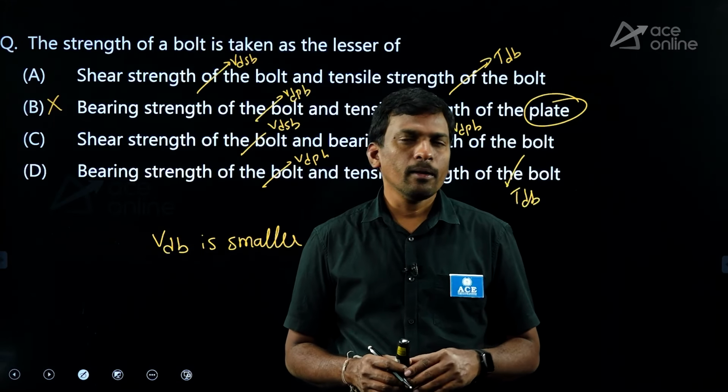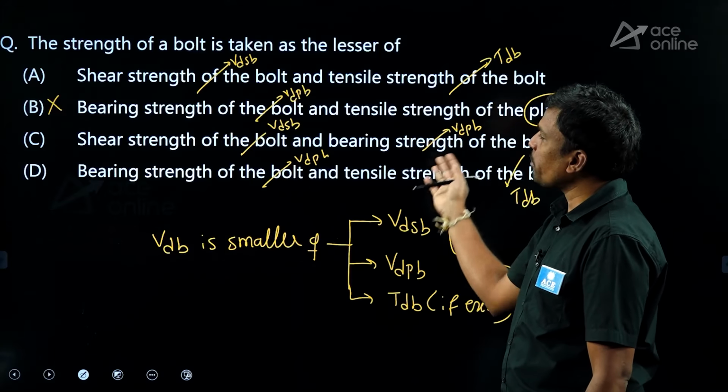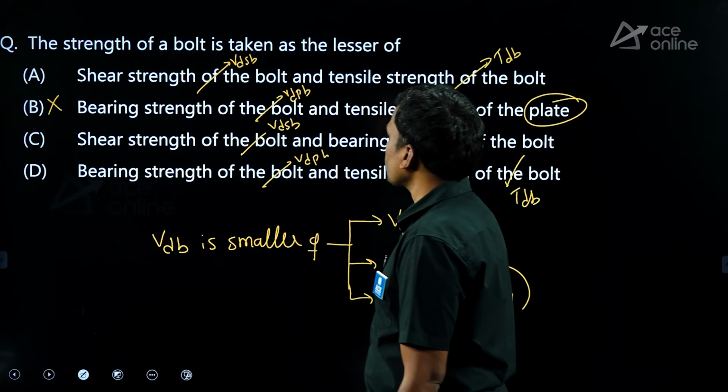But students, here there is no combination of these three, right? But remember, without bearing, will shear exist? Without bearing, shear won't exist. It means shear and bearing both should be present. In which option are both shear and bearing present?